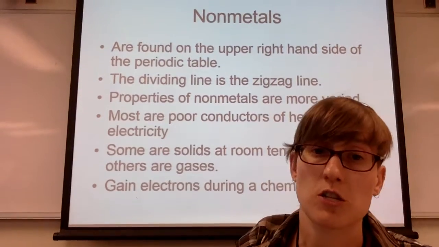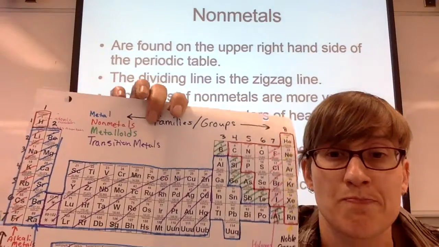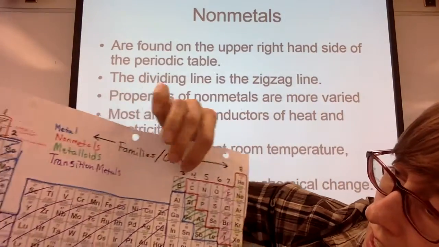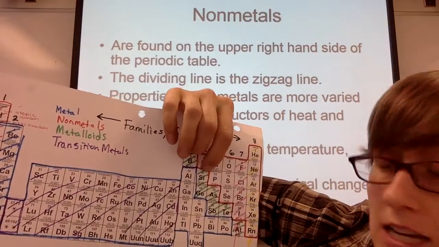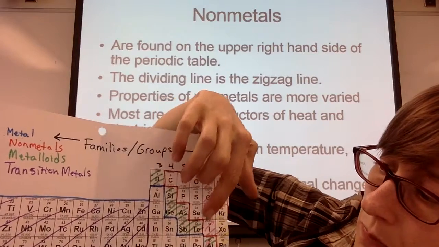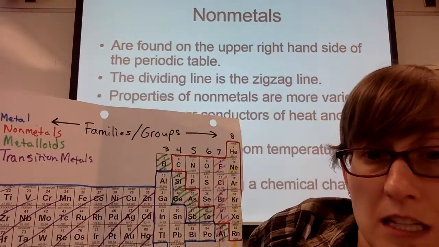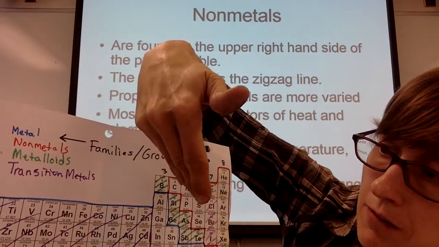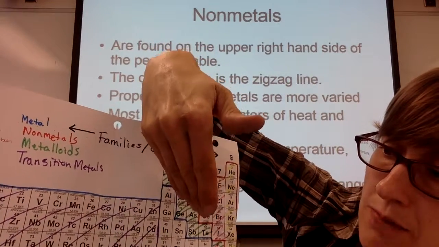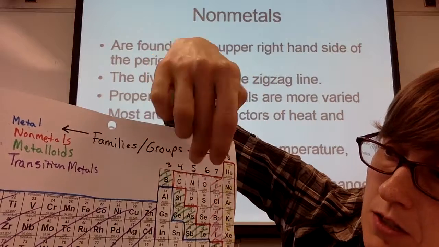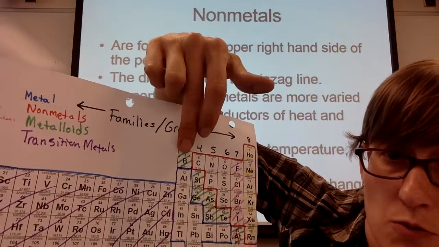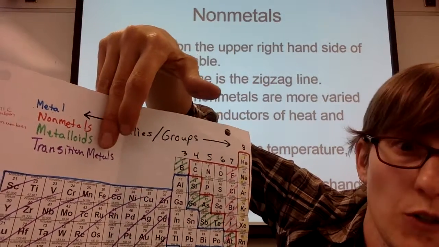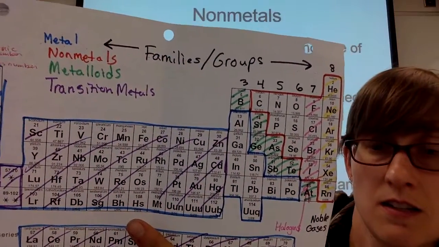So during chemical changes, they gain electrons. You'll notice that we have a dividing line here. So you'll want to go ahead and draw this on your periodic table, this dividing line. That dividing line is where the properties of the metals start to overlap a little with the nonmetals. So we're going to talk about this green shaded area next called the metalloids.